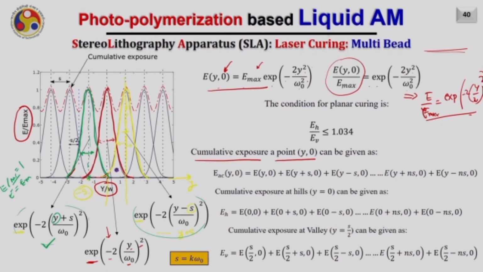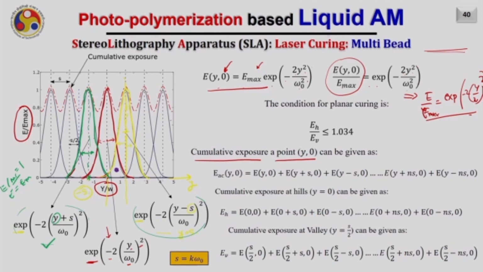Assume that this is the point I am considering. You can see it will have the energy due to the green pass, this red pass, this blue pass and all other passes also. We will just add up all the energy available and then we can find out how much total this particular point in the resin got exposed to the laser beam.